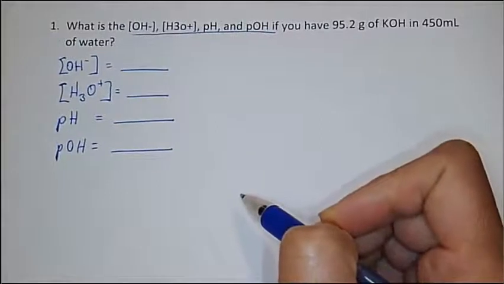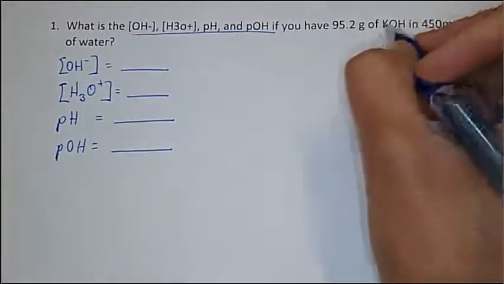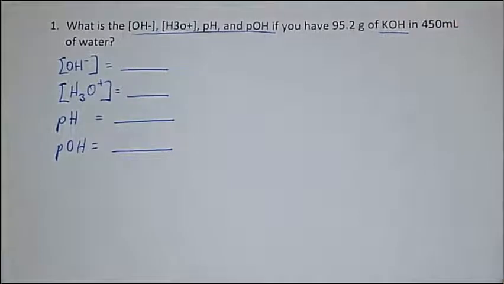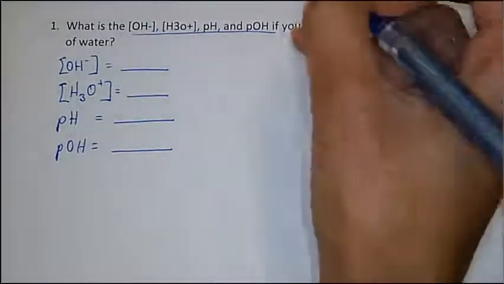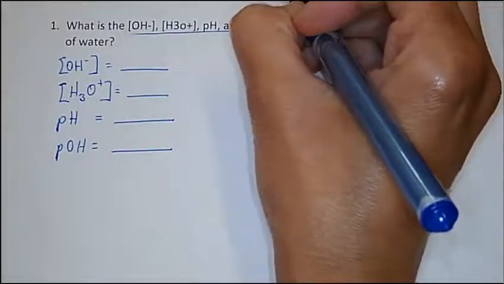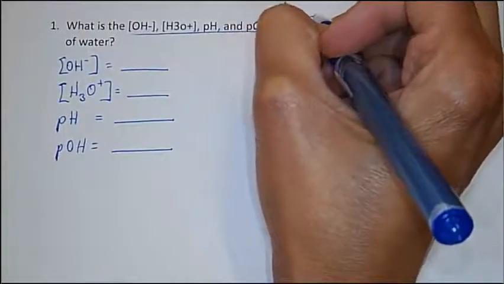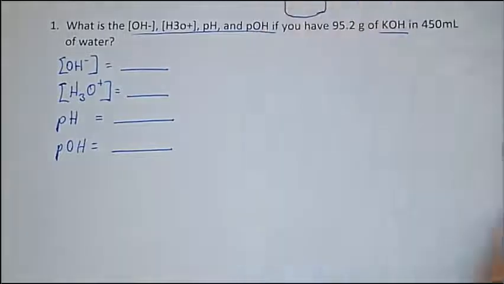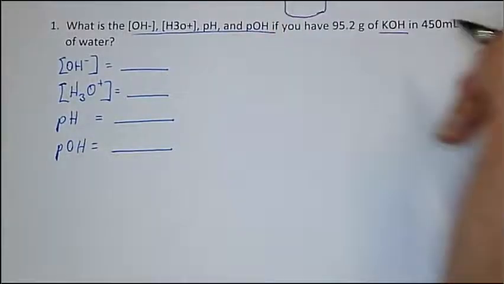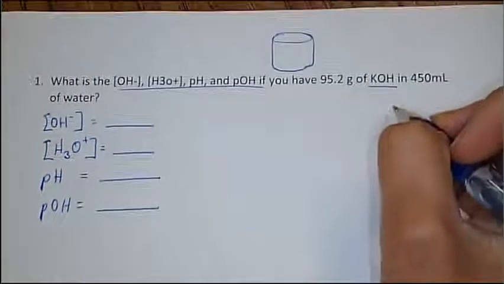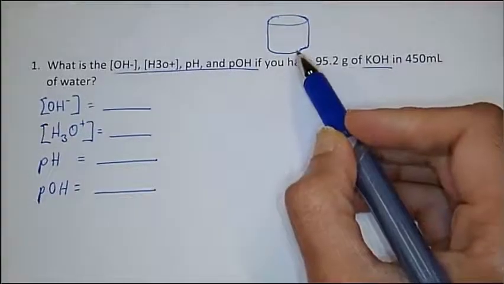Notice that this is a strong base that I have. A strong base, if you have a graduated cylinder, a flask or a beaker or something, and you put potassium hydroxide in it. Remember, potassium hydroxide is a very strong base.